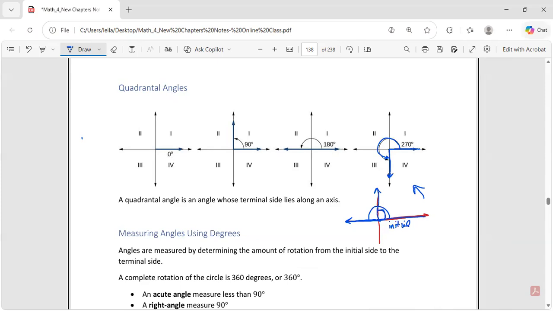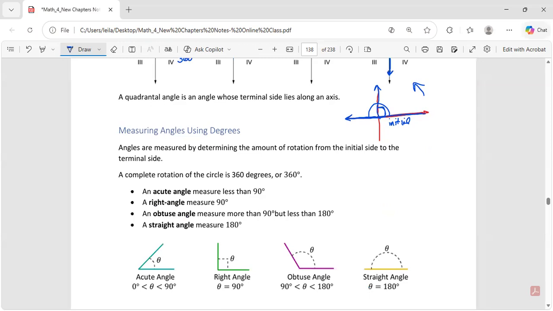And if both the initial and terminal sides are along the positive side of the x-axis, we have either a 0-degree angle, or we can also have a 360-degree angle. So if the terminal side lies on the x-axis or y-axis, we call those angles quadrantal angles.